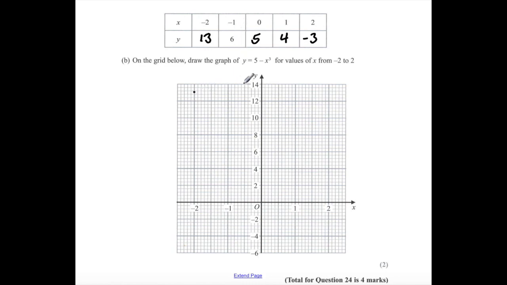Minus 1 and 6 is over here. 0 and 5 here. 1 and 4 here. 2 and minus 3. I'm now going to join the points together.